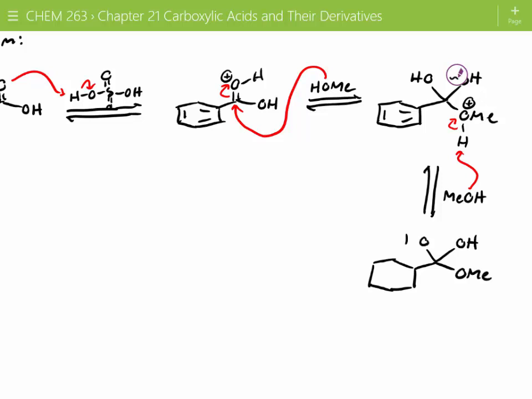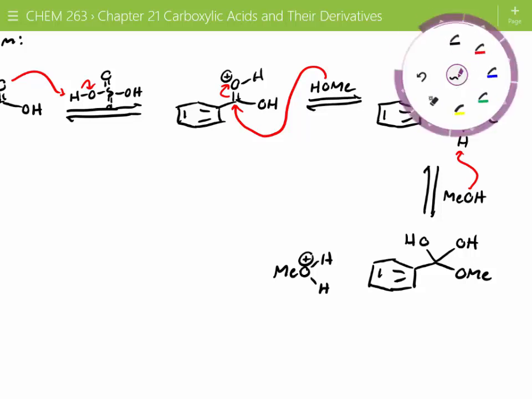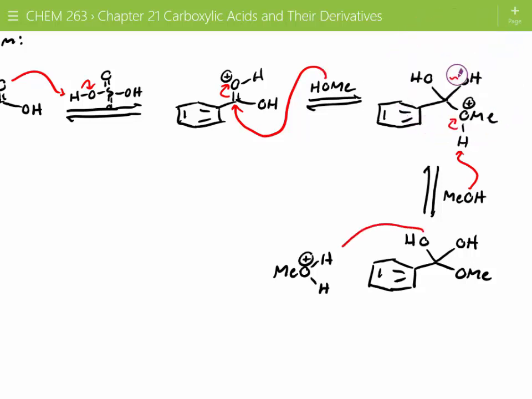So now we've got this crazy looking hydrate. We've got protonated methanol around. So now one of these alcohols can come and grab a proton back from our protonated methanol.